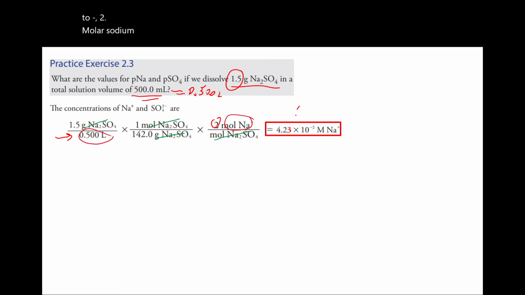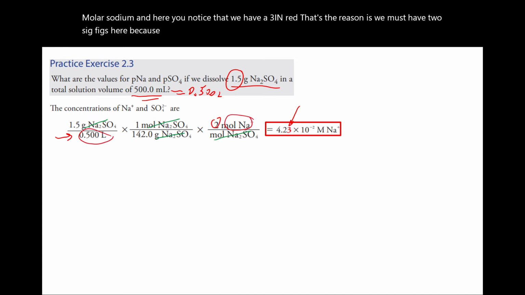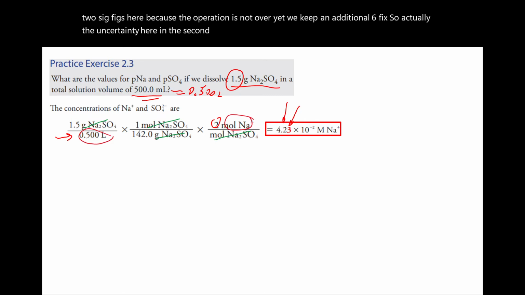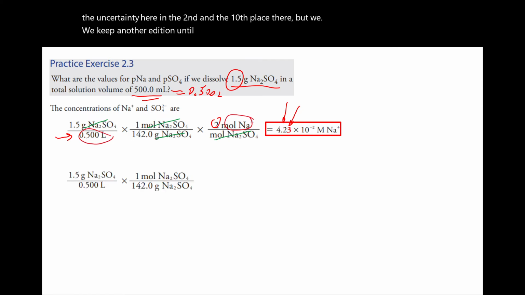Here you notice that we have a 3 in red. The reason is we must have 2 sig figs here, but because the operation is not over yet, we keep an additional sig fig. The uncertainty is actually in the second place, but we keep another digit until we finalize the solution.